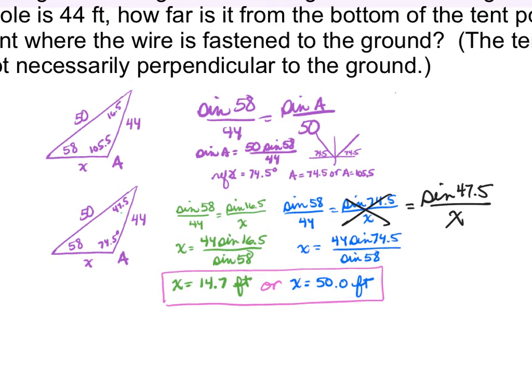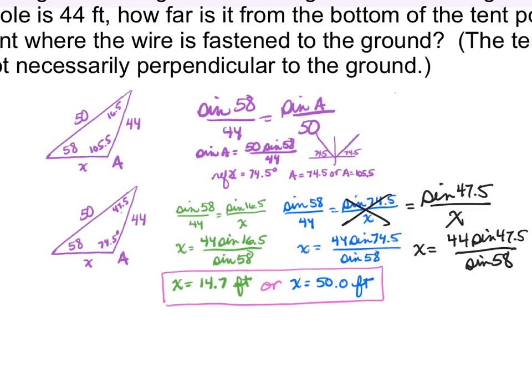If you cross multiply and solve, you should find that x is equal to 44 sine of 47.5 over sine of 58.